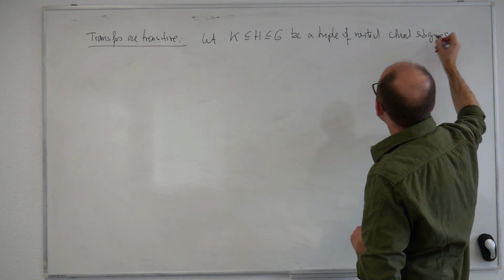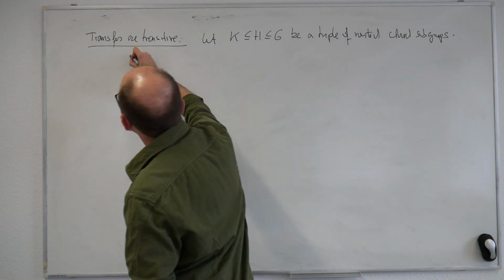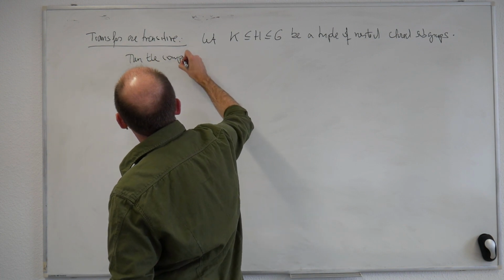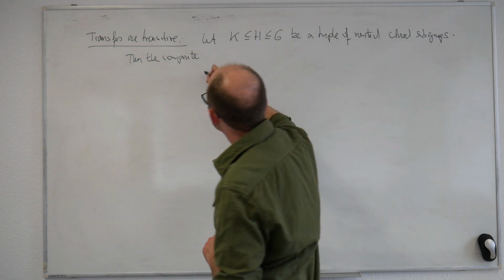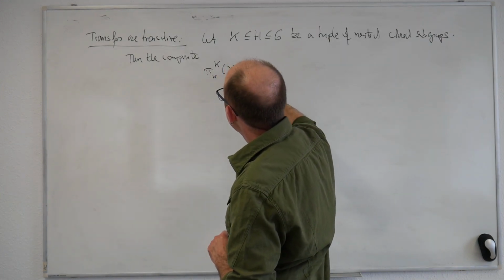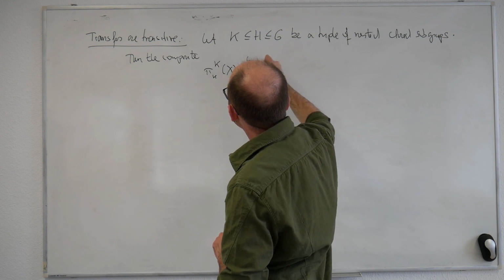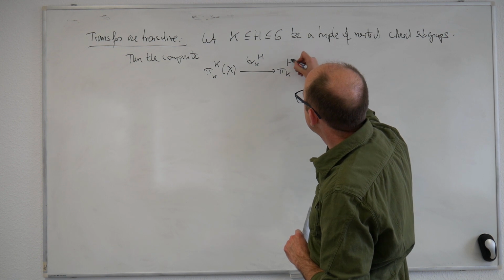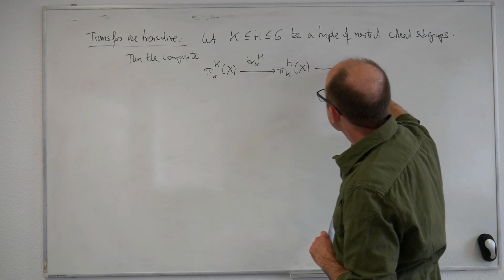And the most obvious relation actually holds. So you can take the two individual transfers. You can go from pi k equivariant of x with a transfer to h to pi k h equivariant of x.